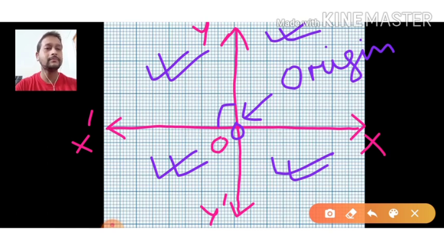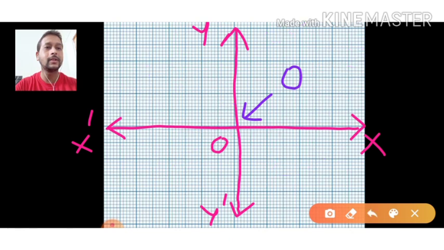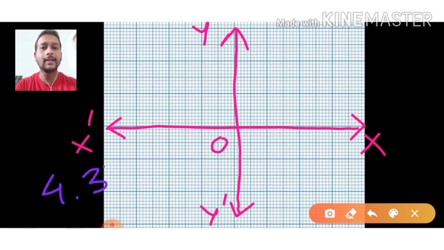Now, in order to plot the points, you have to take the scale. You can take the scale as per your convenience. Say you are asked to plot (4, 3).